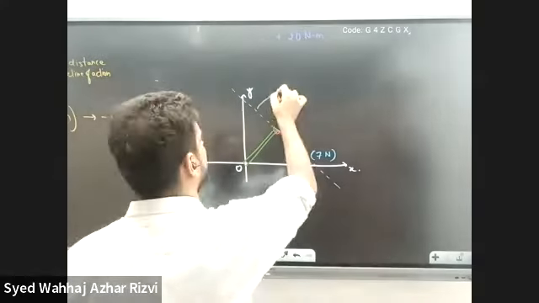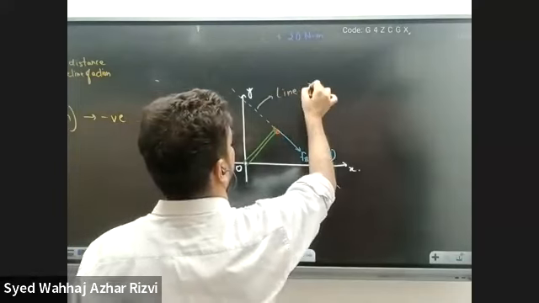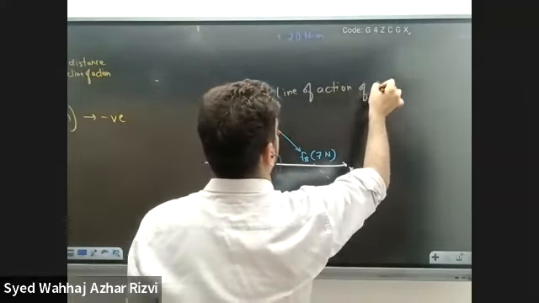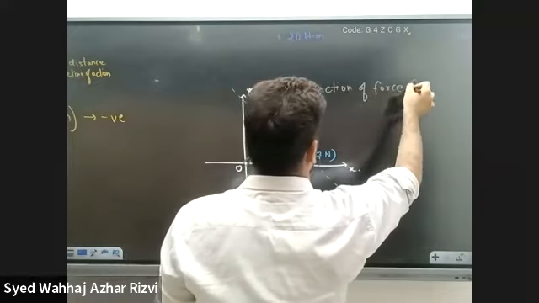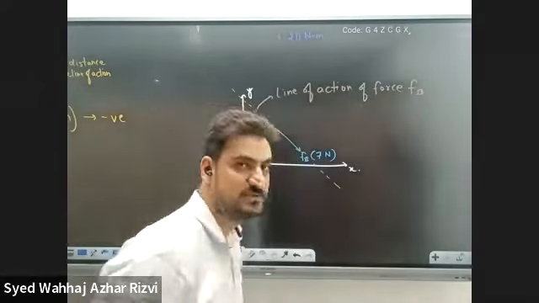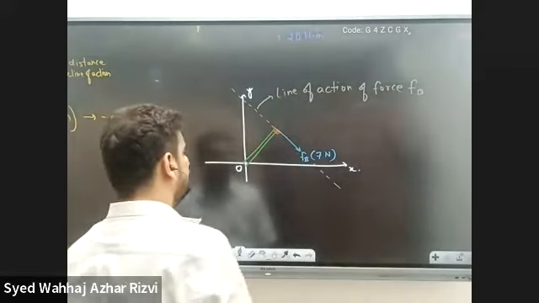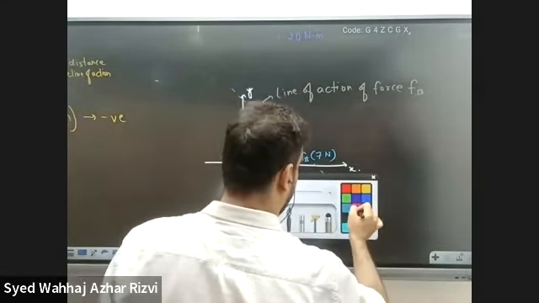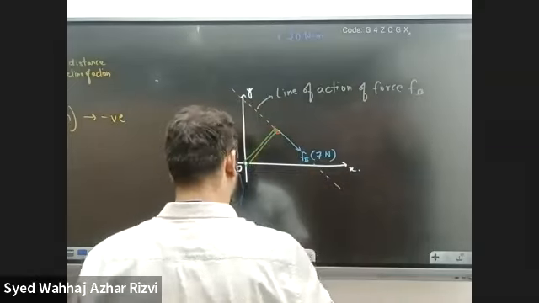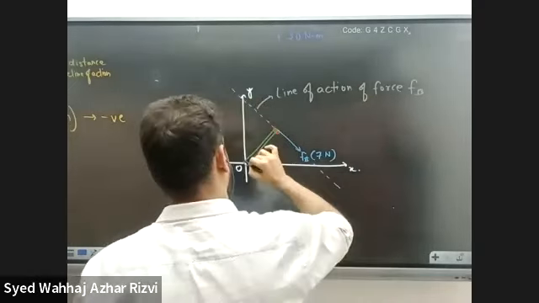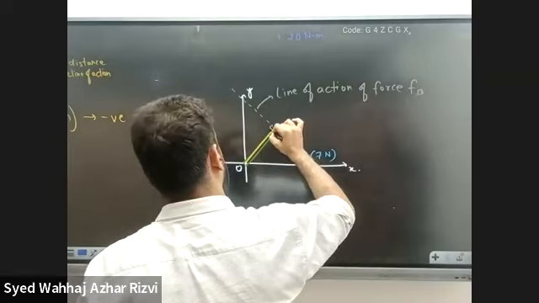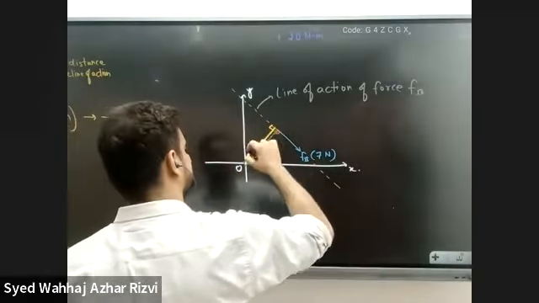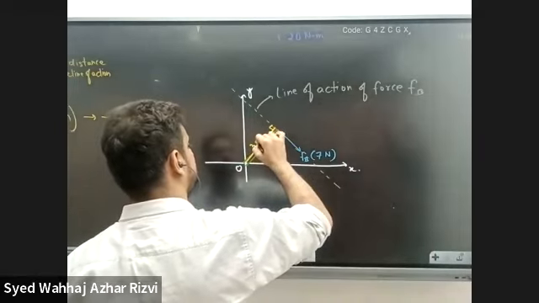This is known as the line of action of force FB, right? Now we have to draw a perpendicular from this point to this point. Let's say that this distance is 3 meters.